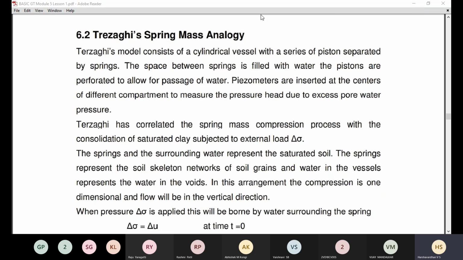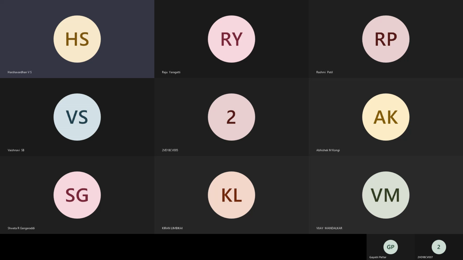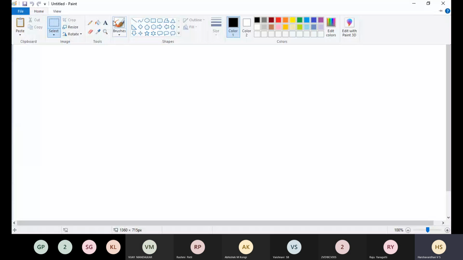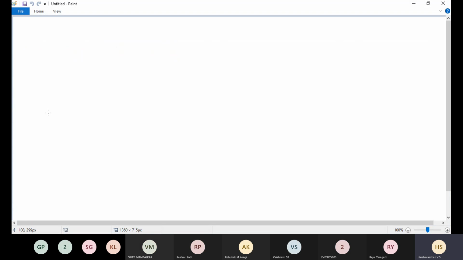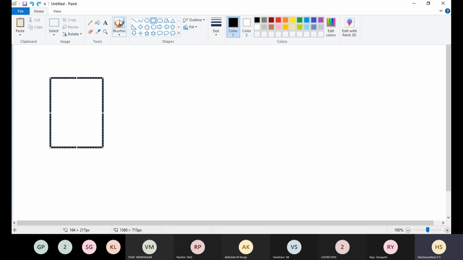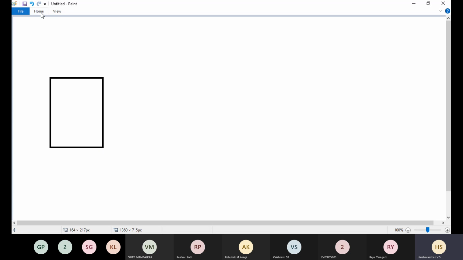One is uniform settlement. Let's say this is your building. Let's assume that this is your building, and this is the soil beneath the building.